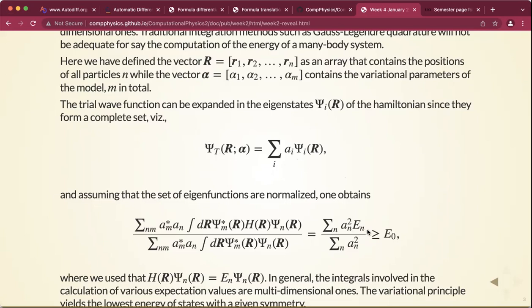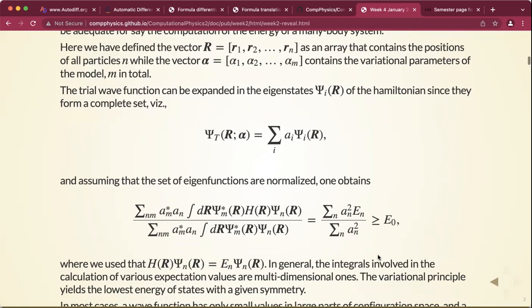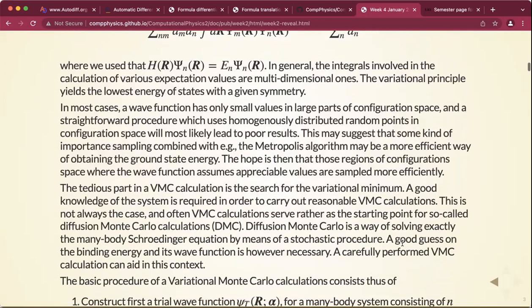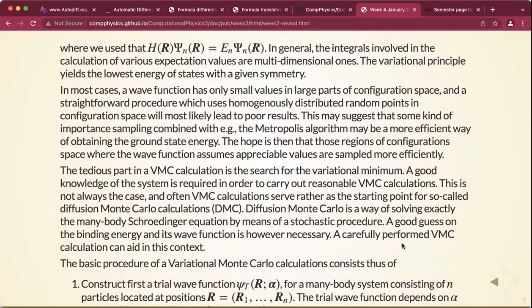If not, since we are assuming that these energies are ordered as an ascending series, so E_0 is smaller than E_1, which is again smaller than E_2, and so on, then the energy which you get when you don't have the exact wave function is larger than the exact energy you're looking for, if the ground state is the state you're targeting here. So this is just a quick reminder about the variational principle, which you may have seen in previous courses in quantum mechanics, and it's pretty easy to prove.